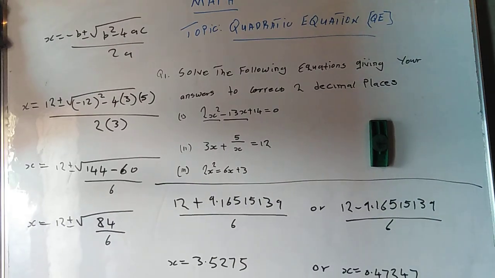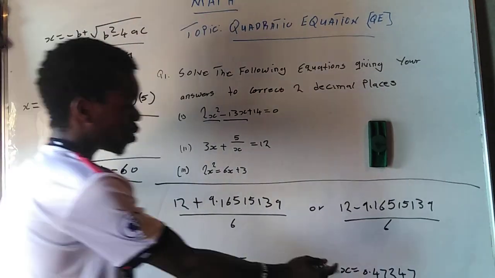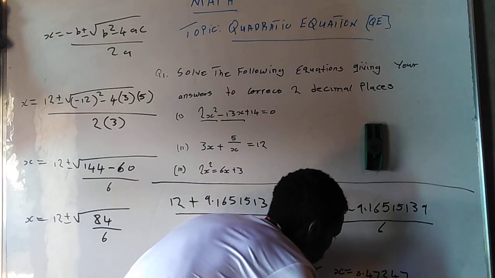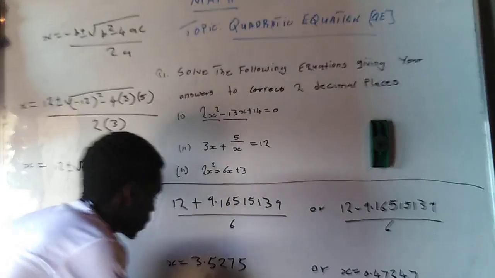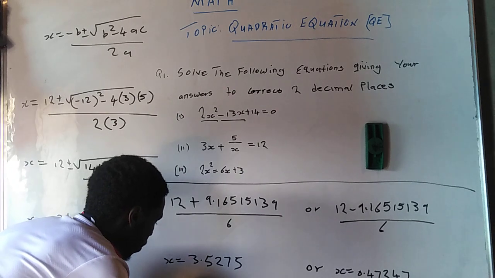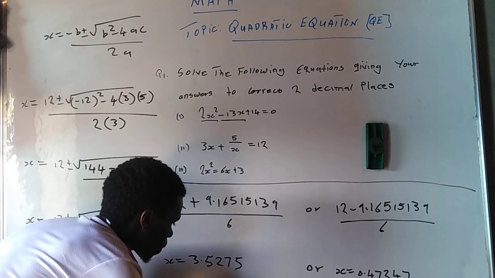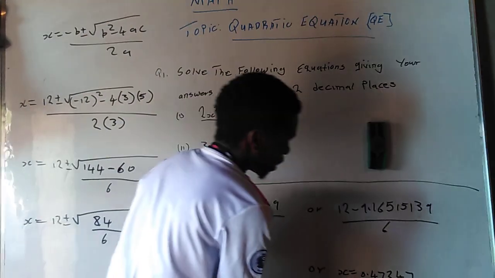So now if I round off this, I'm going to come up with x is equal to 0.47. This one is my answer. If I round off this one, I'm going to come up with x is equal to 3.53. So this was the solution.